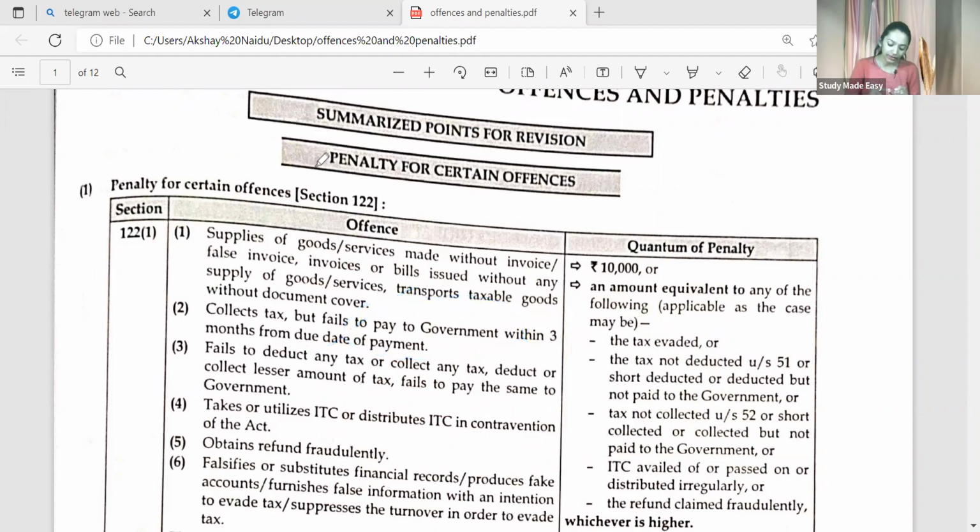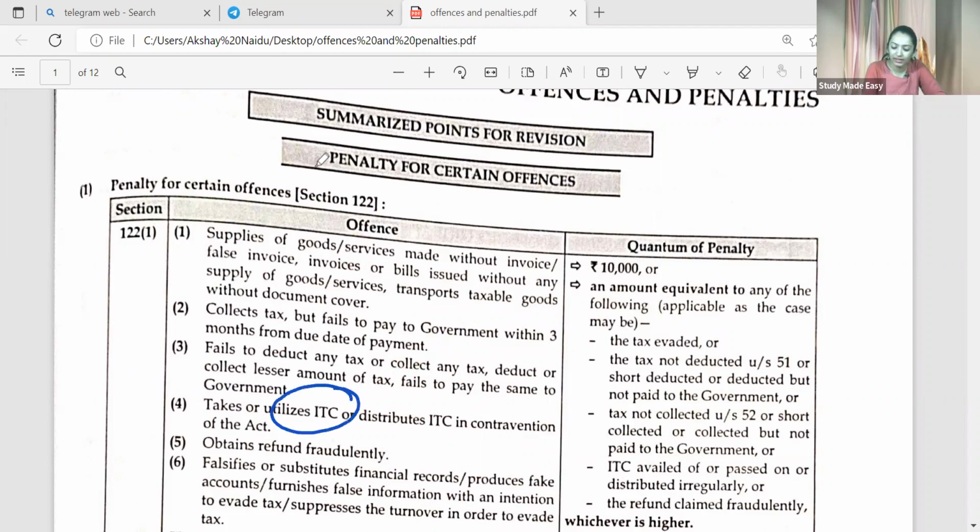You fail to deduct any tax, you fail to collect any tax, and you fail to pay the same to the government. Either you fail to deduct, or you fail to collect, and even after collection you fail to pay to the government. These are the types of offenses. Supply is there, invoice is not. Invoice is there, supply is not. After collection, you fail to pay to the government within 3 months from the due date, or you fail to collect or deduct the TDS.